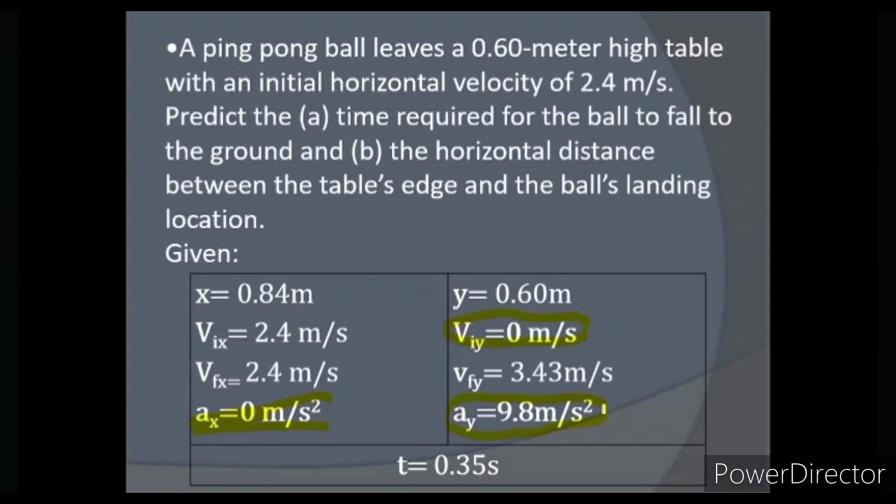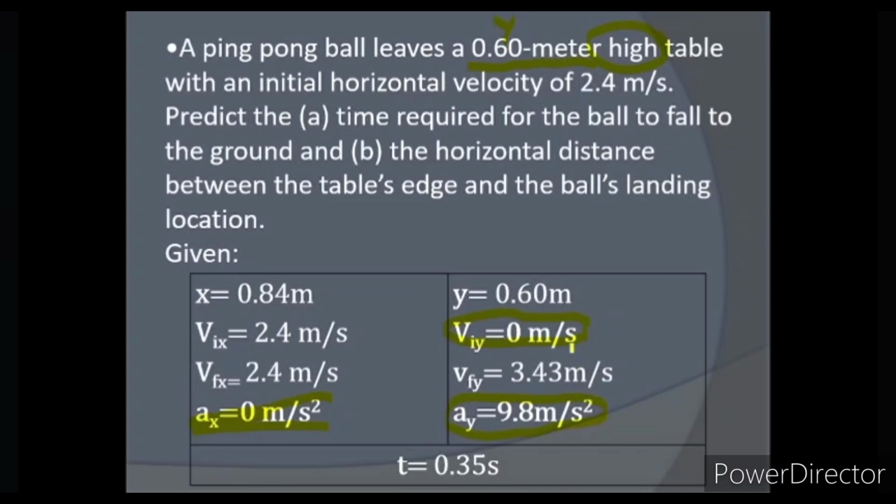Next, balikan natin yung problem natin. What are those given? We need to identify our given. So, you have here your 0.60 meter high. So, high yan, ibig sabihin, this is your y.